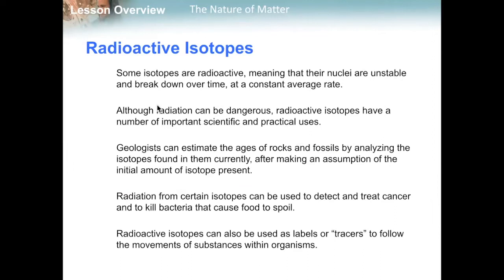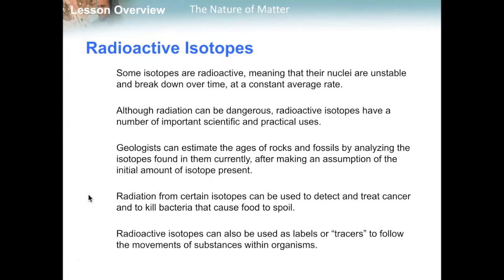Some isotopes are radioactive, meaning their nuclei are unstable and break down over time at a constant average rate. Although radiation can be dangerous, radioactive isotopes have a number of important scientific and practical uses. Geologists can estimate the age of rocks and fossils by analyzing the isotopes found in them, after making an assumption of the initial amount of isotope present.